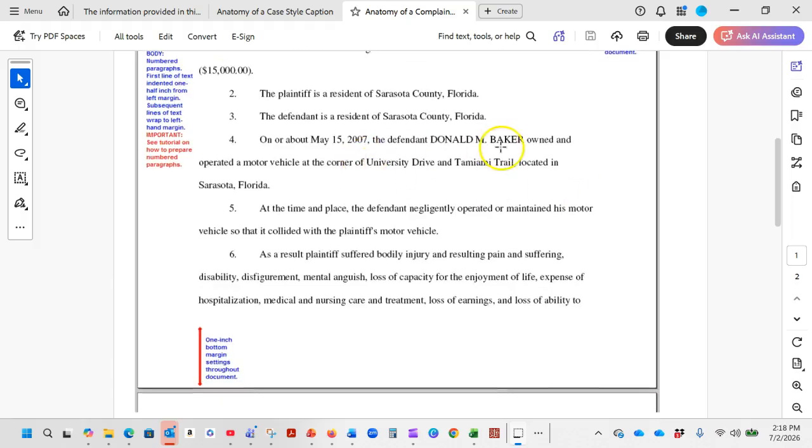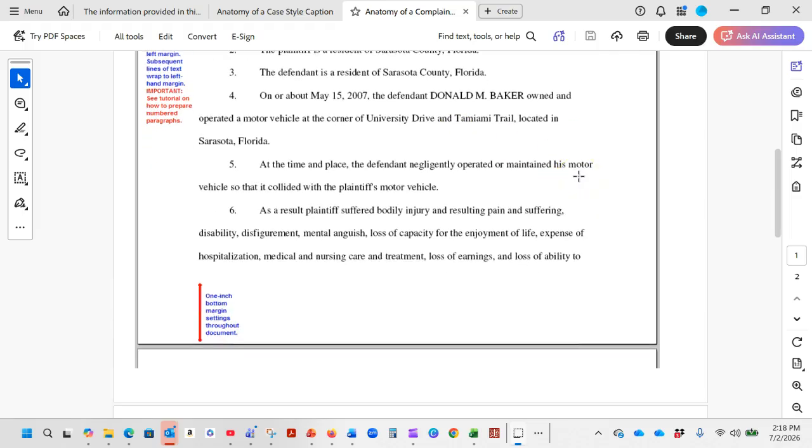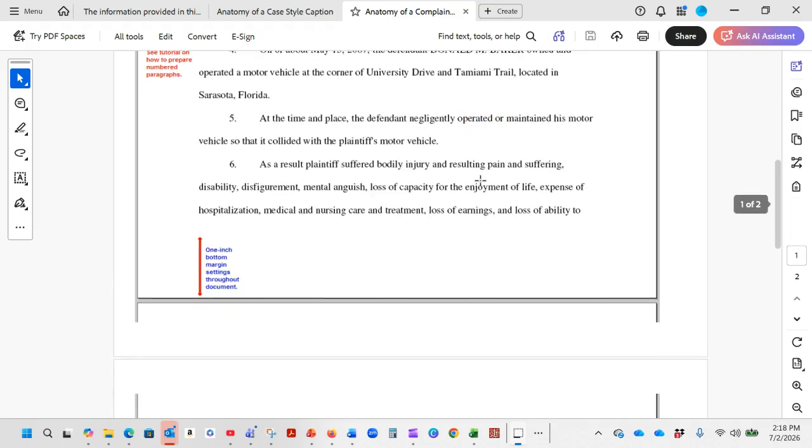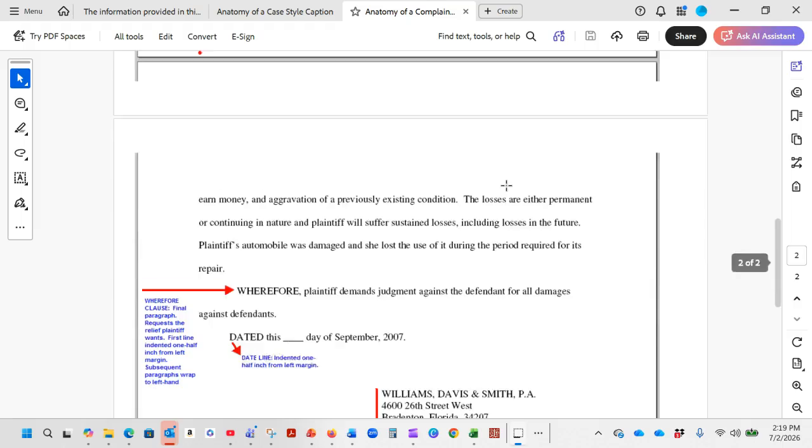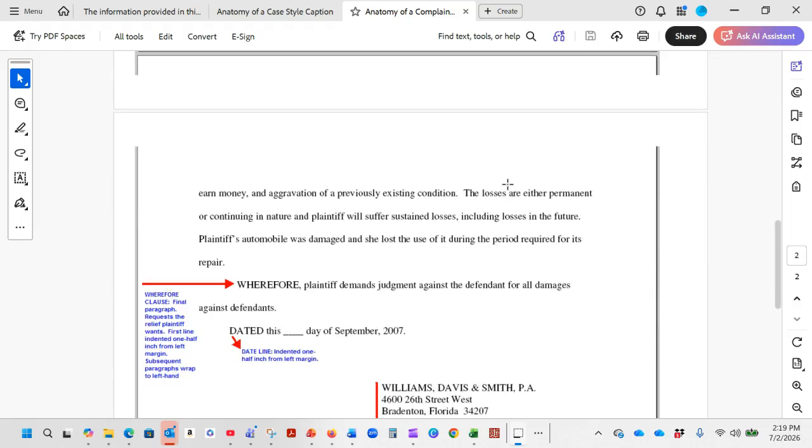On this date, defendant owned a vehicle, and he was at the corner of this location in Sarasota, Florida. At the time and place, the defendant acted negligently, and as a result, the plaintiff suffered bodily injury and has pain and suffering, disability, etc. Loss of wages and other types of relief are available.